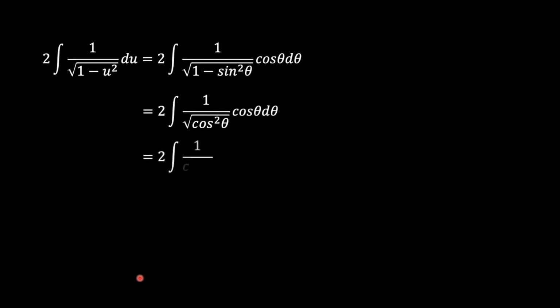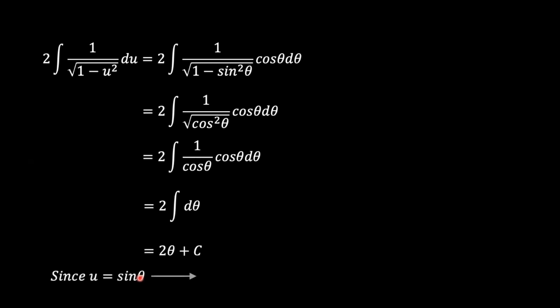So since the denominator and the numerator are the same, we just simply have the integration of theta, or integration of 1. And so we have 2 theta plus c. And since we say that u is equal to sine theta, what that means is that theta is equal to arc sine of u.